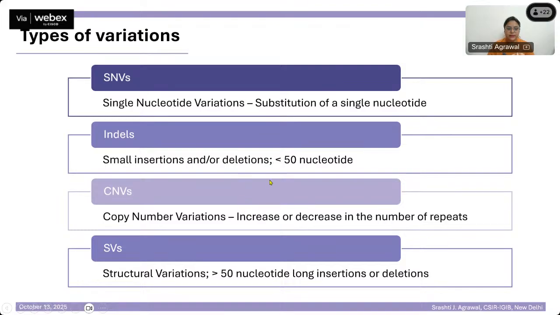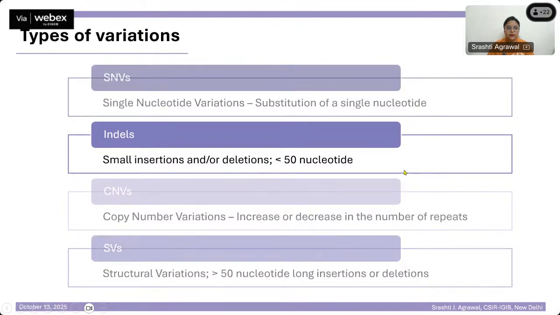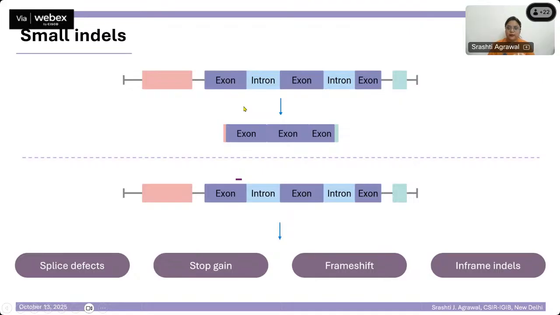Next, we will talk about the insertions and deletions. When insertions and deletions of less than 50 nucleotides happen, these are called small indels. Depending upon where these indels are happening, the functional implication of these mutations could be different.